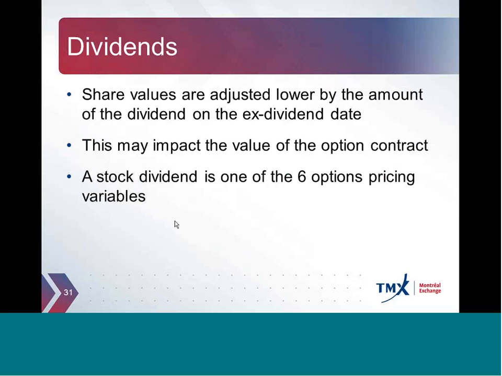So I thought, okay, well, if I know that a stock is adjusted lower by the amount of the dividend, why don't I buy a put option just before the dividend on ex-dividend date, and then when the stock drops in value, my put option will go up in value, and hey, I'll make a little bit of money on that.